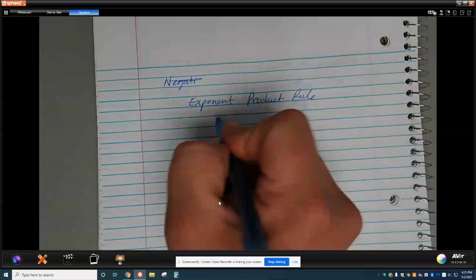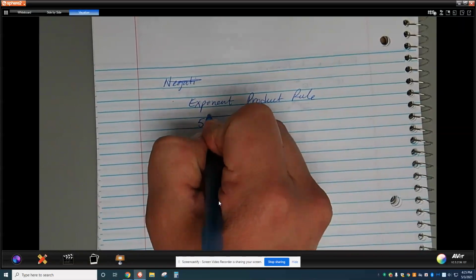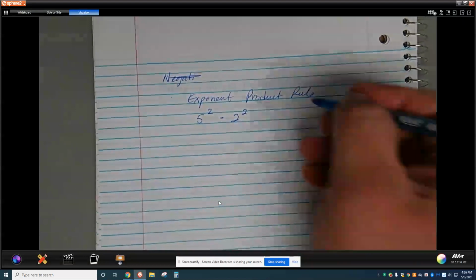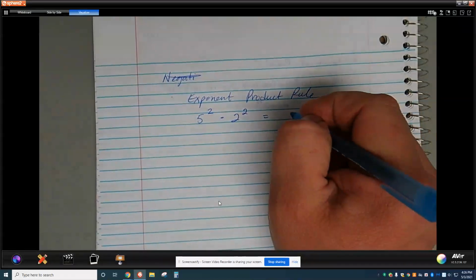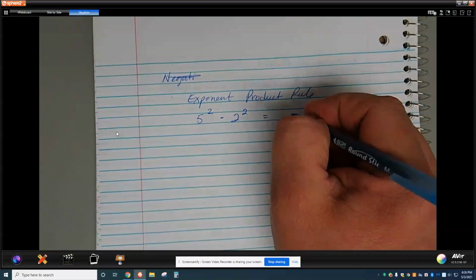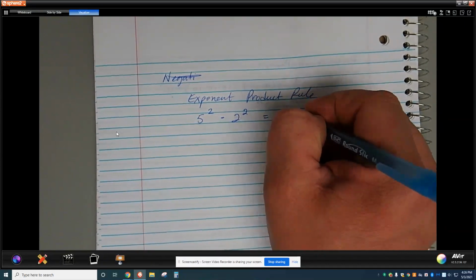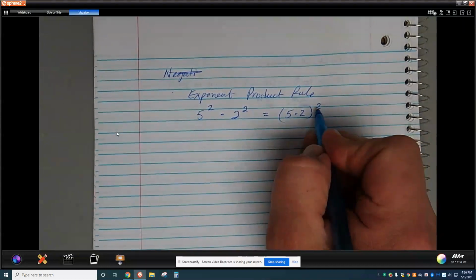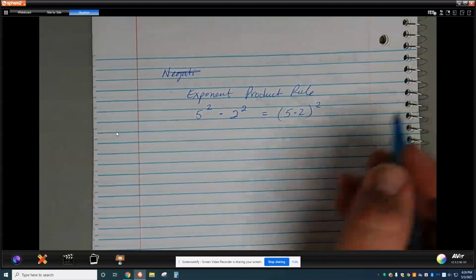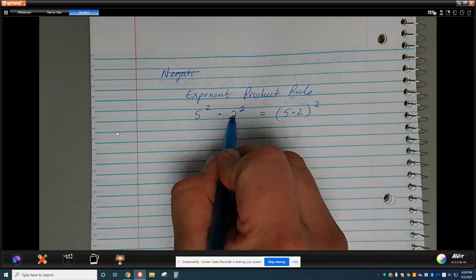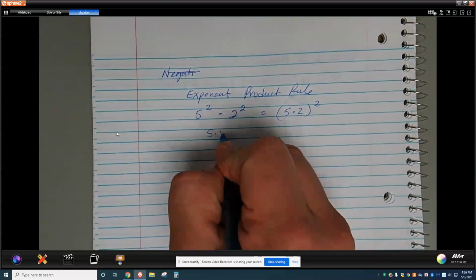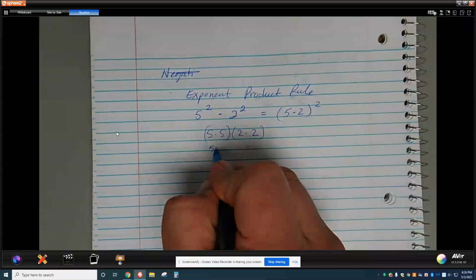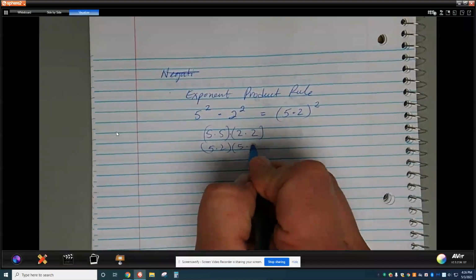What the exponent product rule says is that numbers with different bases having the same exponent can be recognized under a law similar to the distributive law, where we have two bases that are both being raised to the same power. When we recognize the product of 5 and 2, each squared, we see that as 5 times 5 times 2 times 2. We can group these and see that we have 5 times 2, 2 times.